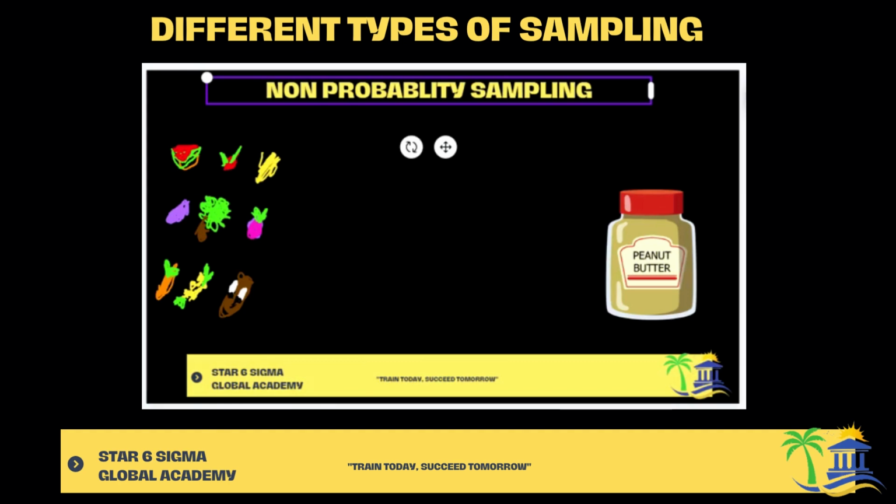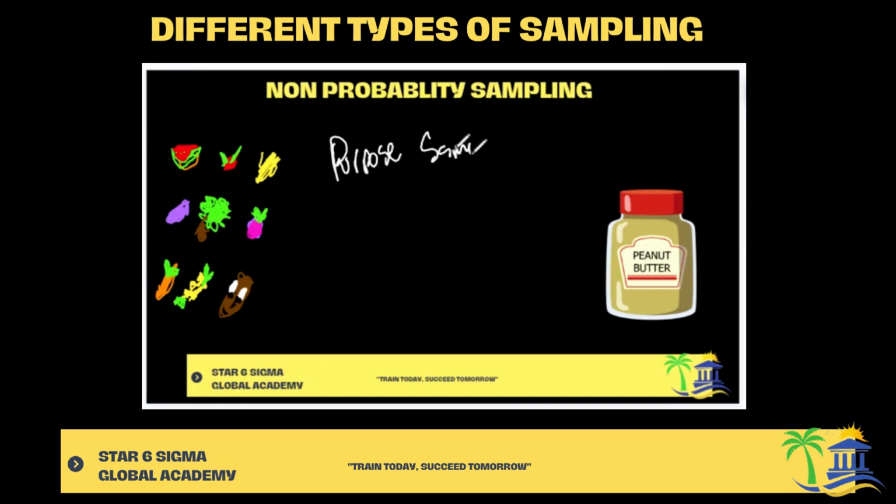You have something that's called purposive sampling. This is going into a research or a judgment with an intent. I'm basically coming in here with an intent saying, okay, I only want to select what is considered a vegetable.